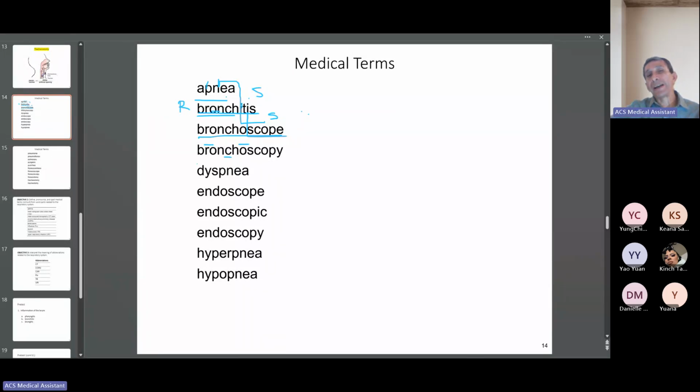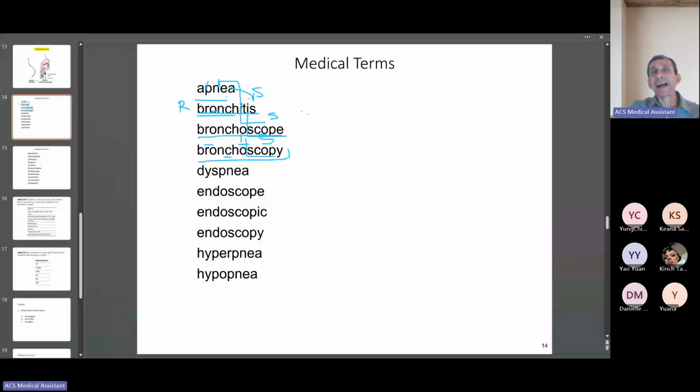Next to it, we're going to have bronchoscopy. We are talking about the same word root, the bronchus, the tube that brings air that enters the lungs, and scopy here is the suffix. Scopy means to visualize.